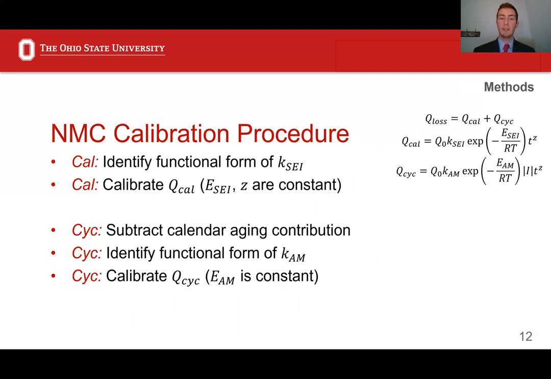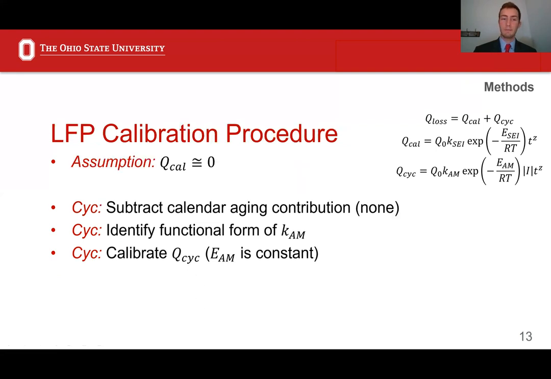For the NMC calibration, first, the functional form of the KSEI parameter was identified, and this was then used to calibrate the overall capacity fade due to calendar aging. The calendar aging contribution could then be subtracted from the cycling data, and this was used to find the functional form of KAM, which was then used to calibrate the cycling portion of the model.